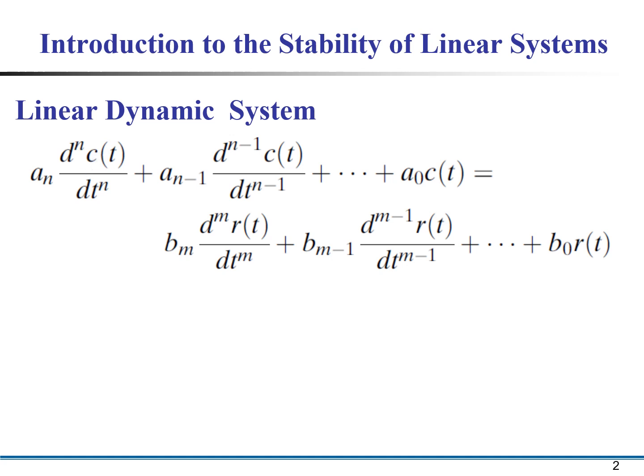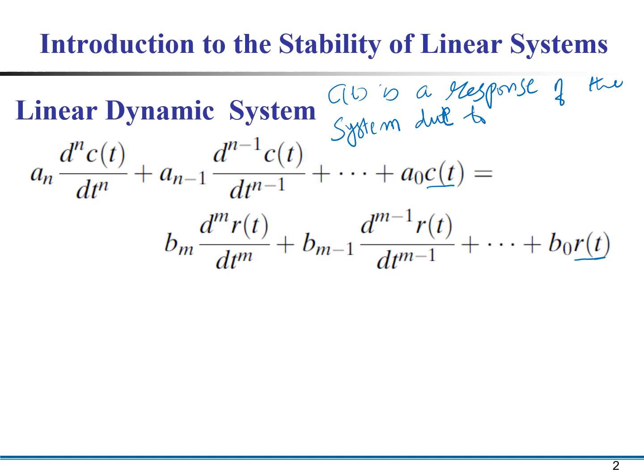So as C of t is the output and R of t is the reference input to the system, we normally use the terminology that C of t is a response of the system due to the reference signal R of t.